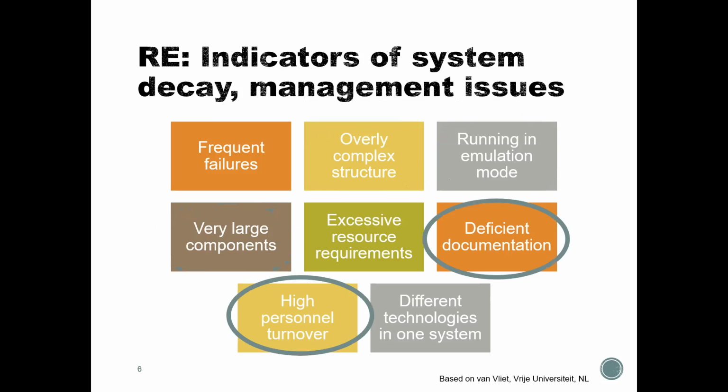The next thing is management issues, which mainly happen due to high personnel turnover and deficient documentation. High personnel turnover here refers to the recruitment and hiring and firing process. In a software development company, you are going to see people join and people go away very fast.